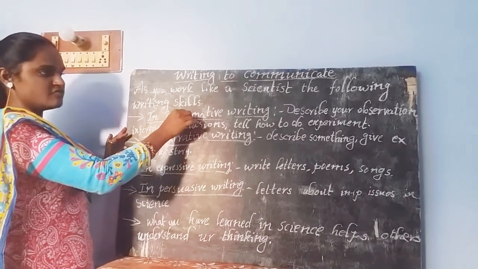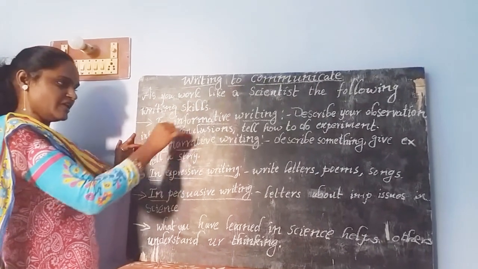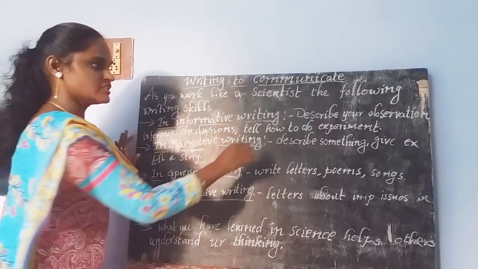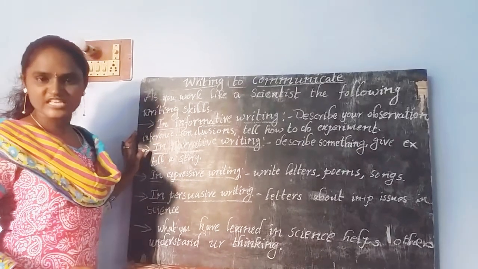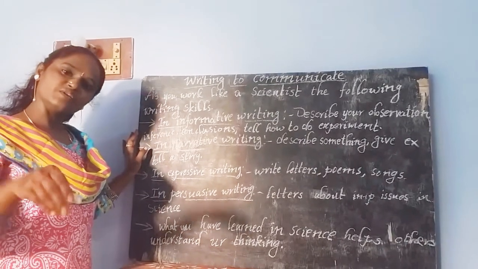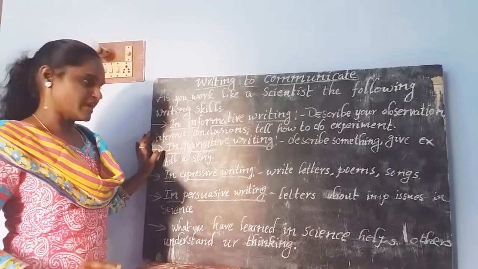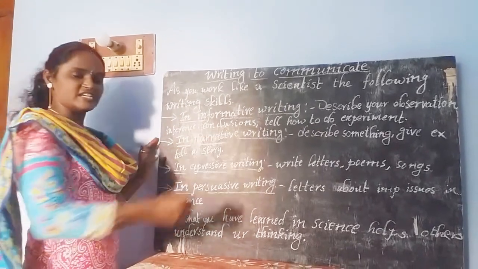First we describe the observation and inference, finally the conclusion, and tell how to do the experiment. After completion of your experiment, you have to explain it in a better way. Okay.